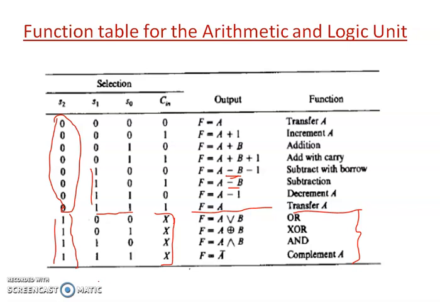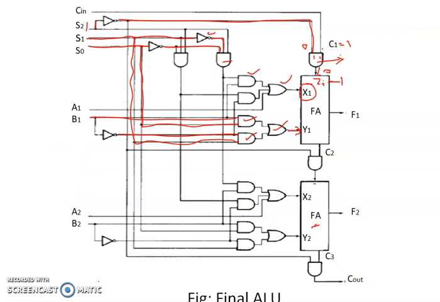Observing the changes to be implemented, modifications were done on the arithmetic unit such that it gives the output of the required logic operations. Hence, we generated a final ALU design which implements both the arithmetic as well as logic operations based on the selection input S2. If S2 is equal to 0, this circuit implements the arithmetic operation, and if S2 is equal to 1, it implements the logic operations.